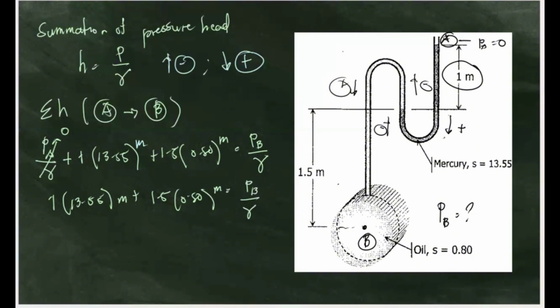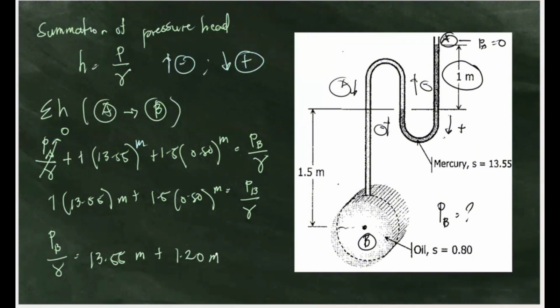O, ano na ang next step? So, ipag-add natin. So, lalabas P sub B over gamma is equal to ilan to? 13.55 meters plus 1.5 times 0.8. It will give us a value na 6 over 5 or 1.2 meters.